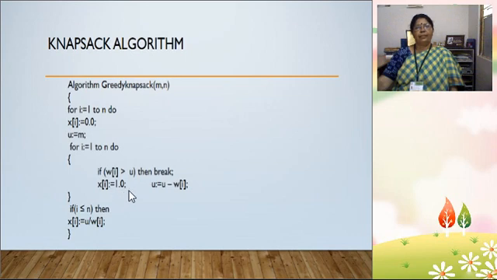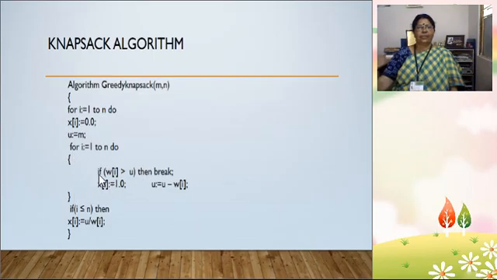After adding 1 unit of the object, the corresponding weight should be deducted from the available knapsack capacity. We assume the available knapsack capacity is U. Once adding the 1 unit of an object, its weight should be subtracted. So the current knapsack capacity will be equal to U minus Wi. This has to be repeated for all the inputs.